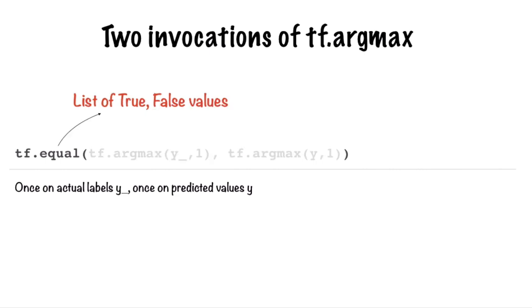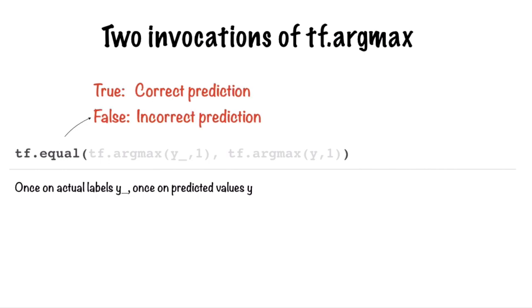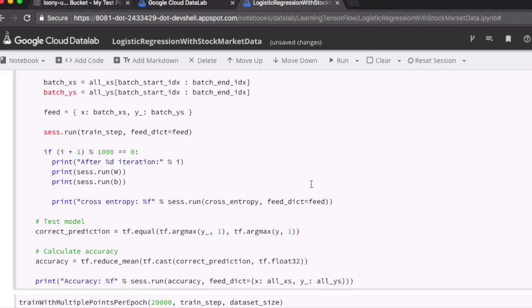These two lists comprising zeros and ones can be compared element by element using tf.equal, and the result of tf.equal will give us a list of true and false values. True if the prediction was correct, false if our prediction was wrong. We'll get true if the indices of the actual label and our predicted value matched, false if the indices did not match. This list of true and false values is stored in the variable correct prediction.